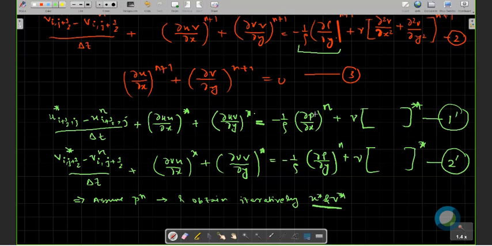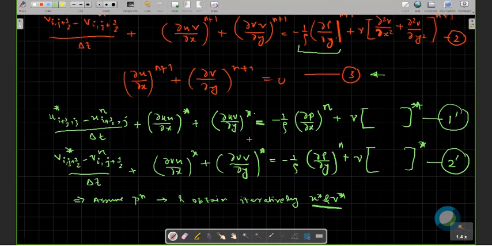And the actual value of p will be the one which will satisfy the continuity. So using this condition of continuity, we can calculate the pressure field which will satisfy that.